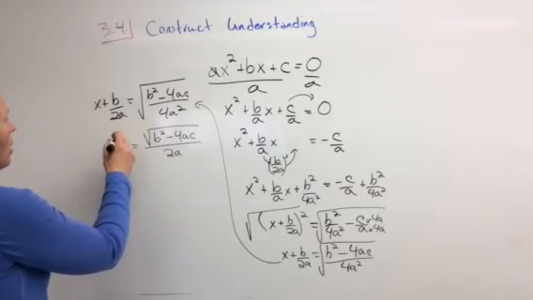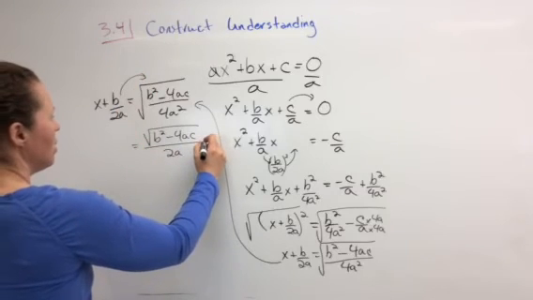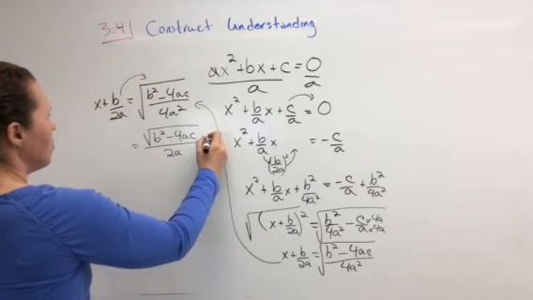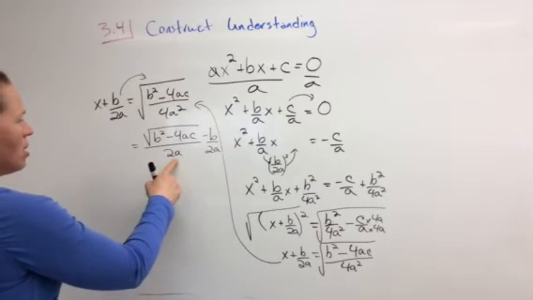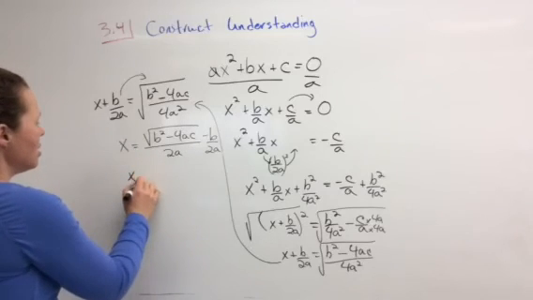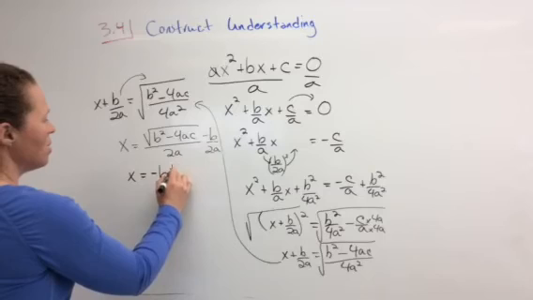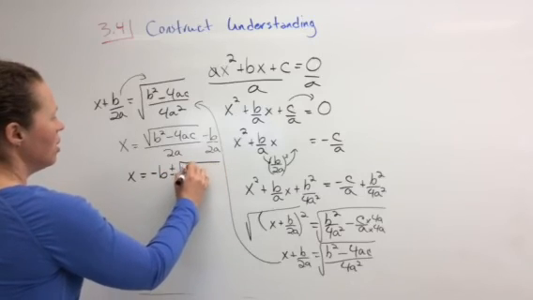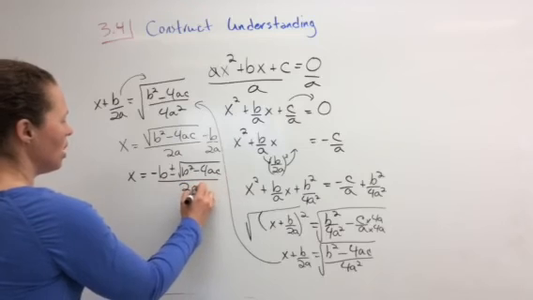So if I move it over to the other side, then I'm going to have minus b over 2a here, which means these guys have the same denominator, so I could put this as negative b plus or minus the square root of b squared minus 4ac all over 2a.